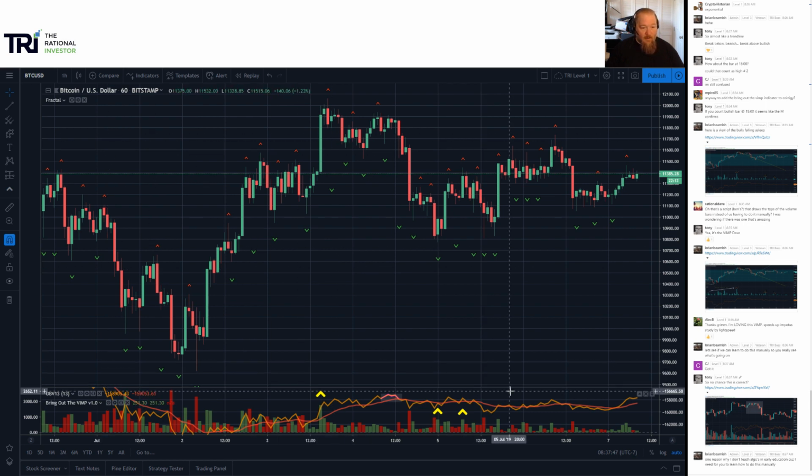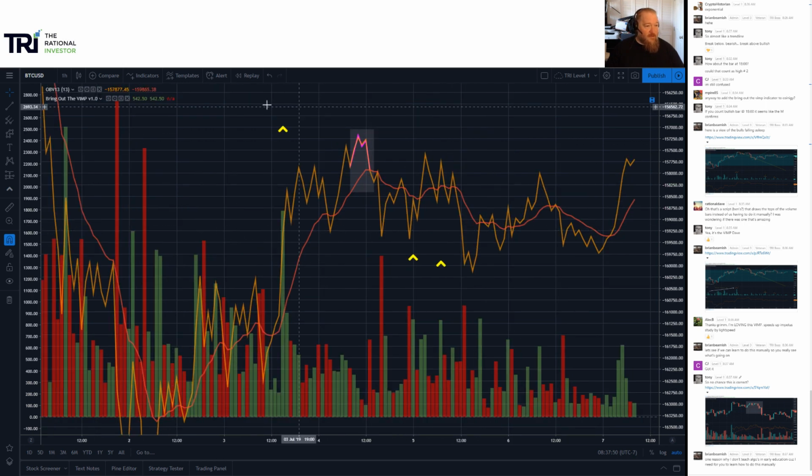I'm going to expand the volume study up here. To do this manually, I would just use the polyline tool. I think that's going to be the easiest way to do it, right?